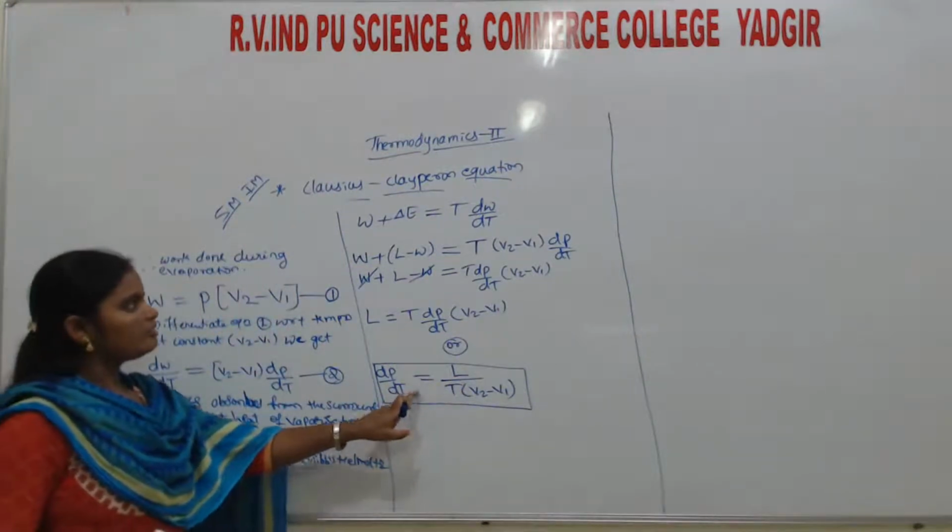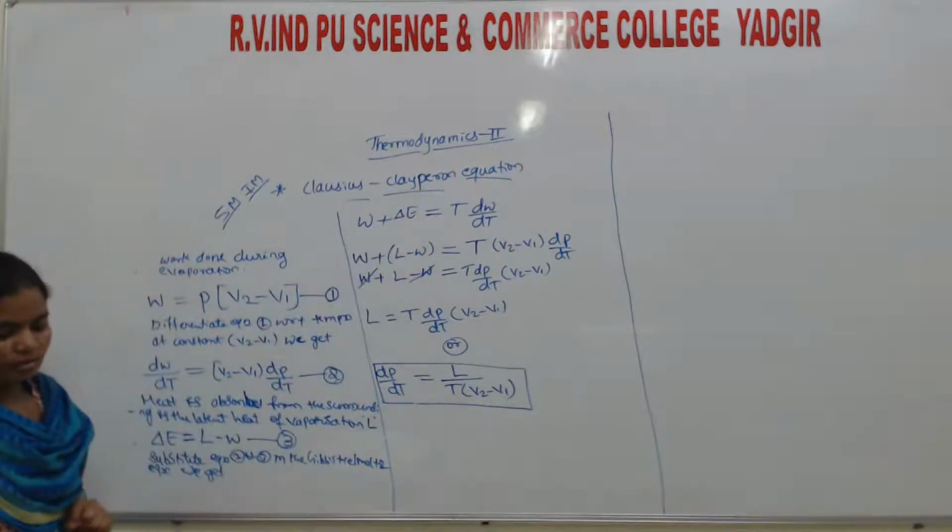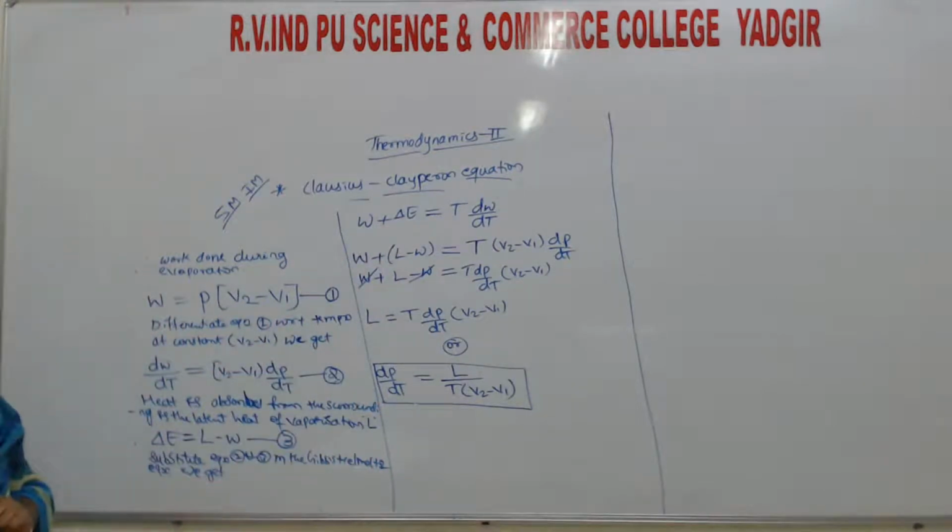This equation is known as the Clapeyron equation.